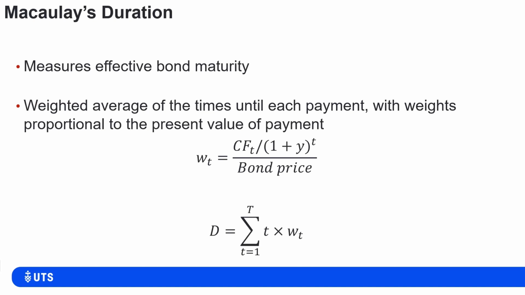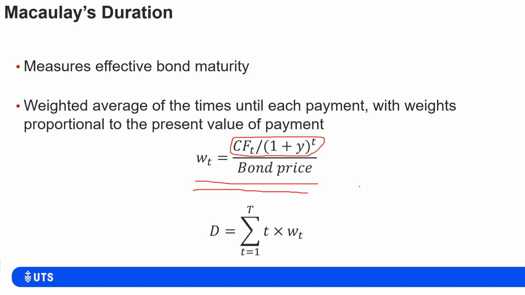More specifically, we have the weight W_T calculated as CF_T, the cash flow of time period T, divided by 1 plus the discount rate raised to the power of T. This numerator here is the discounted payment at time T. And we use that numerator divided by the bond price. That leads to the weight we are talking about.